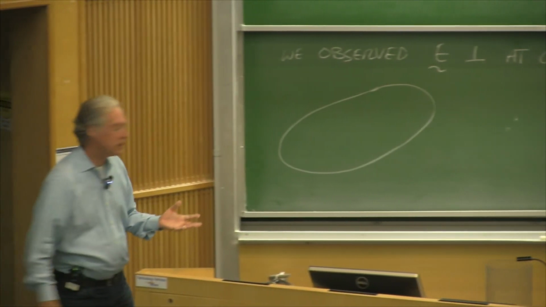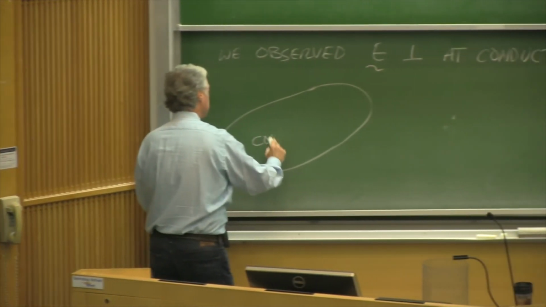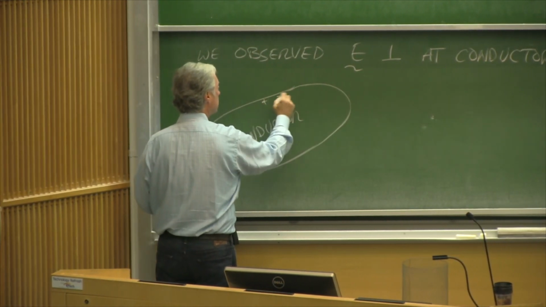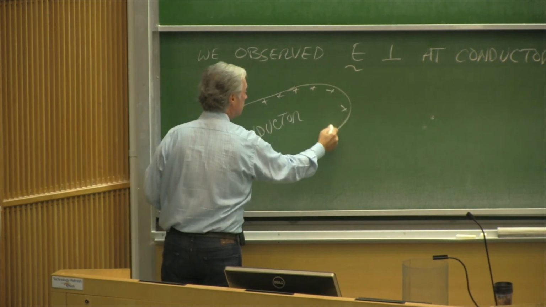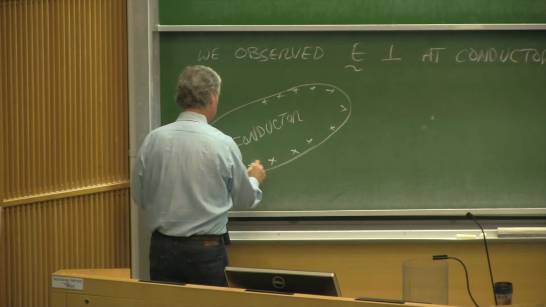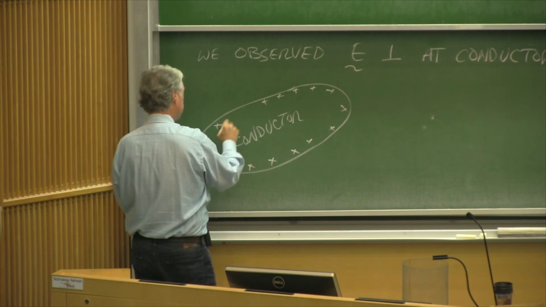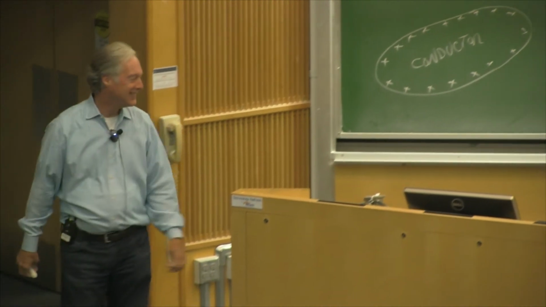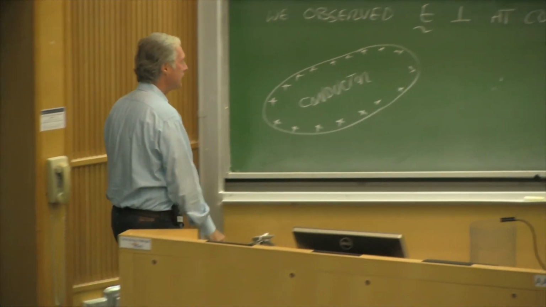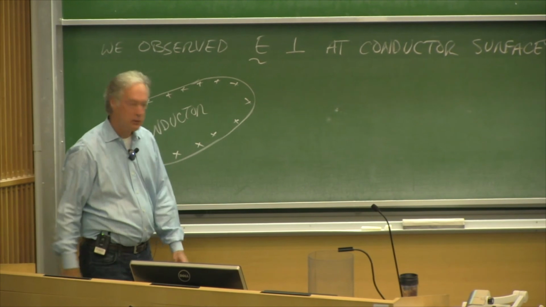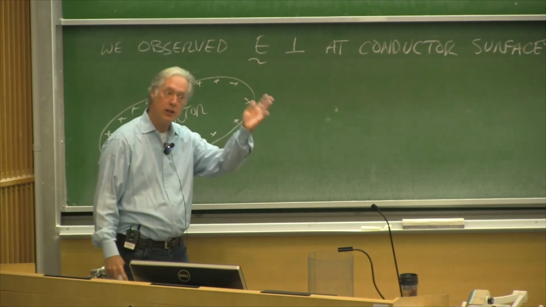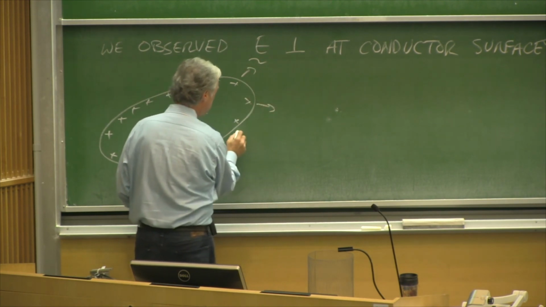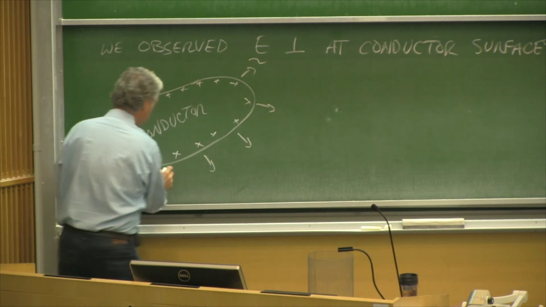We're going to put some charge on this conductor. This kind of looks like an amoeba, doesn't it? So we put some charge on this conductor, just like what Brent observed, and Fanny as well observed. The electric field points out, everywhere perpendicular.